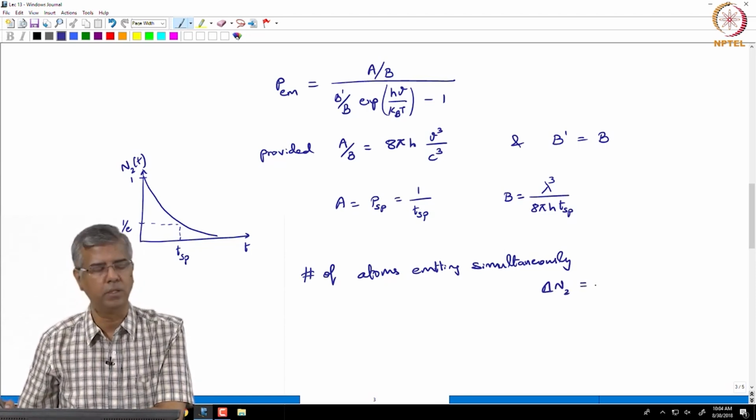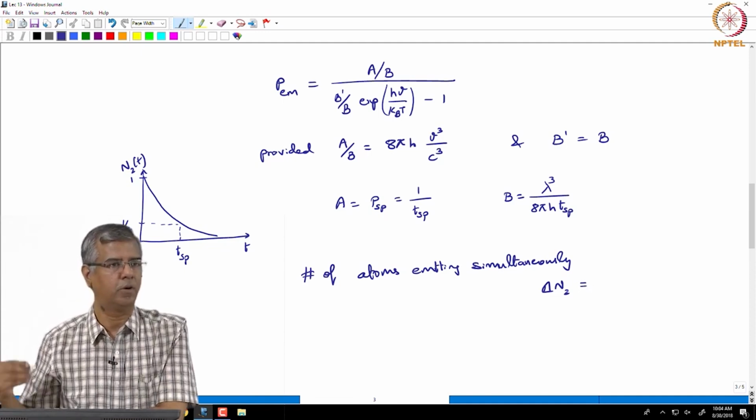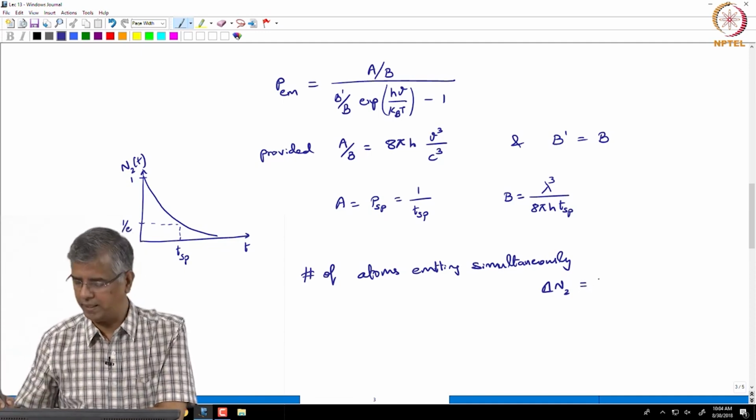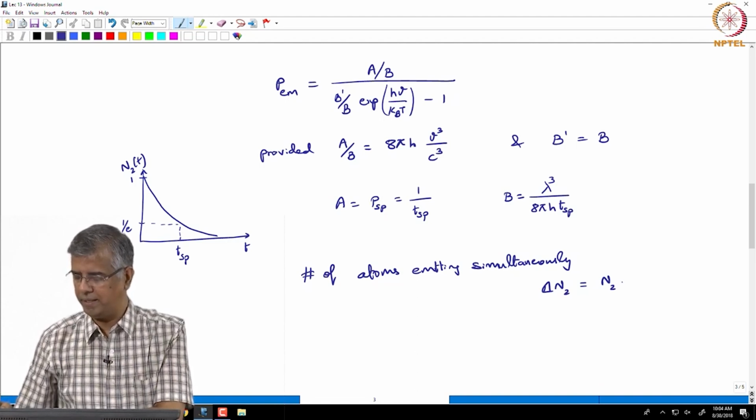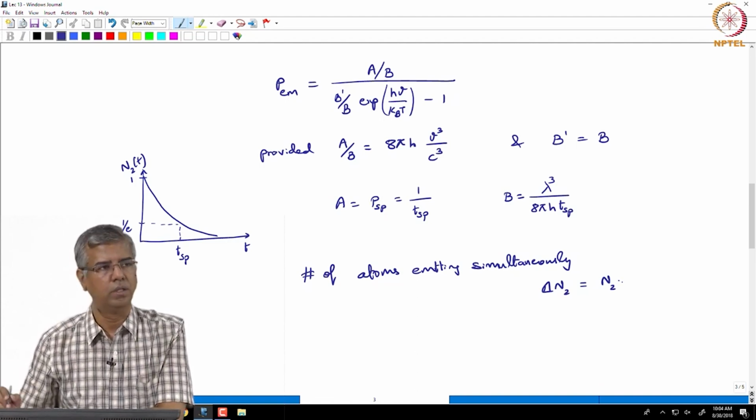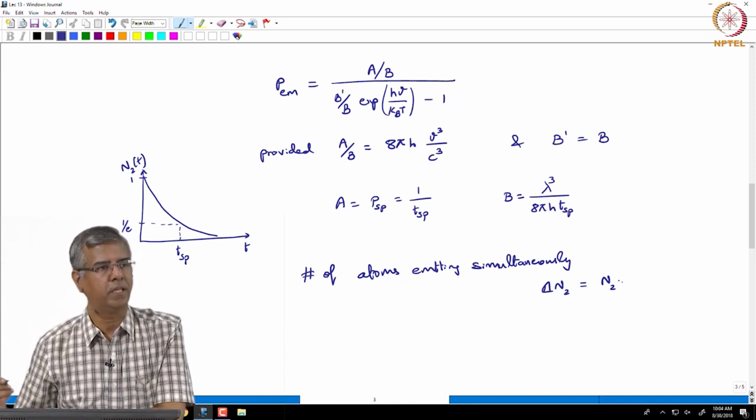That certainly is going to depend on the number of atoms already at that higher energy level. So, it depends on having a certain number of atoms at the higher energy level, and then it is going to be emitted with a certain probability, right.